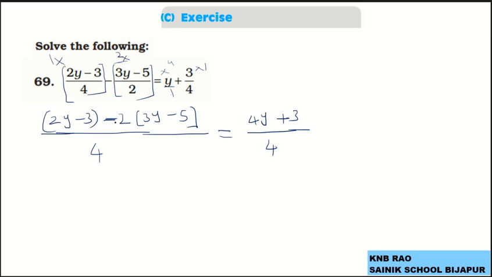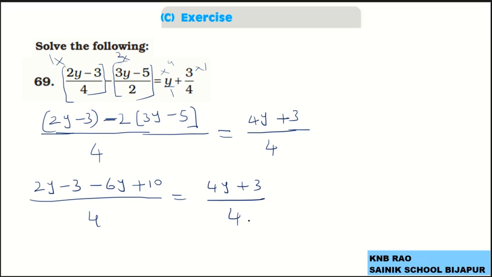Now we will remove the bracket in this left hand side numerator. So 2y minus 3 minus 2 into 3y is 6y, minus 2 into minus 5 gives plus 10, upon 4, equals 4y plus 3 by 4.